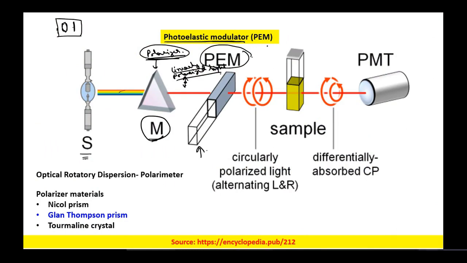It moves this linearly polarized light either in a dextrorotatory or levorotatory fashion. Now, there are two types of PEM crystals. The first one generates left-handed circularly polarized light, and the second generates right-handed circularly polarized light.